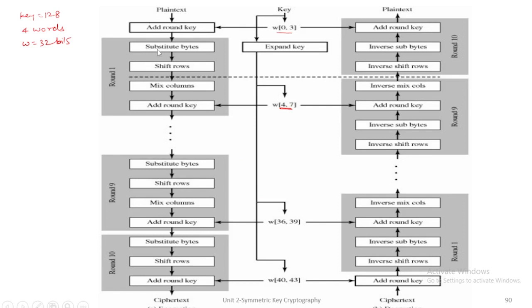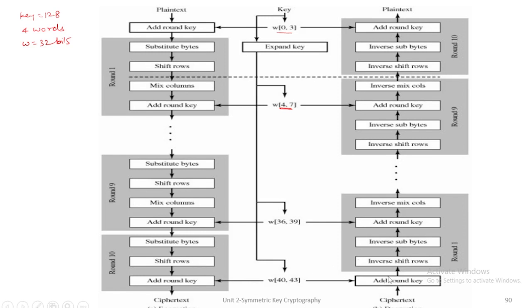For each round, substitution, shifting, mix columns, and add round key is the procedure. But if you go for the 10th round, the mix column operation is missing. So this is 10 rounds with the 128-bit key size. And in the reverse procedure, the decryption is not the same as the encryption.